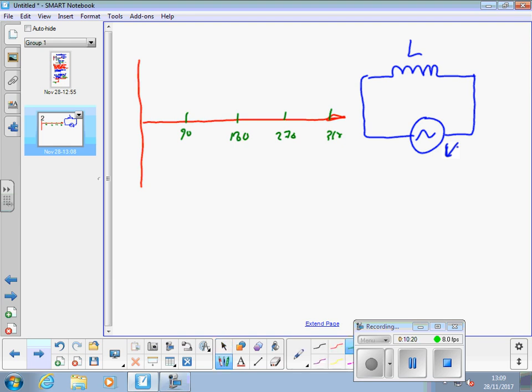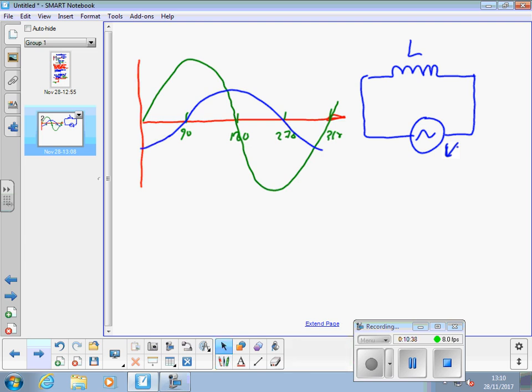The voltage is in the same place as it was before. Our current would be 90 degrees out of phase, and it actually lags behind the voltage by 90 degrees.